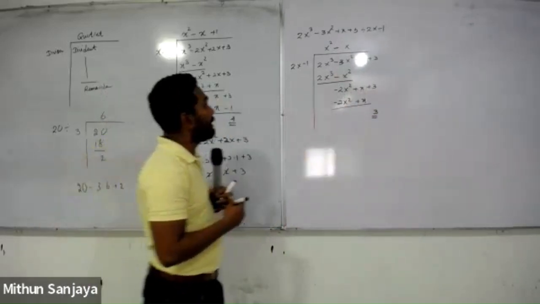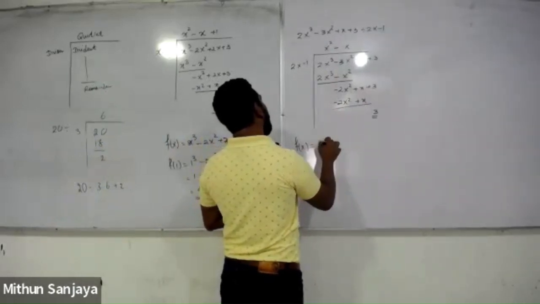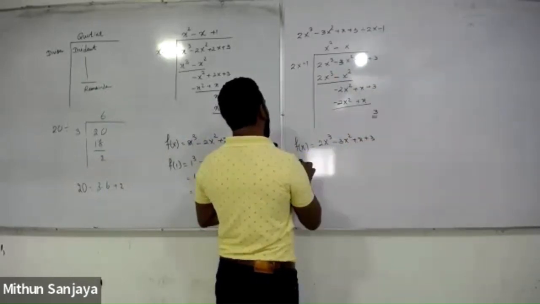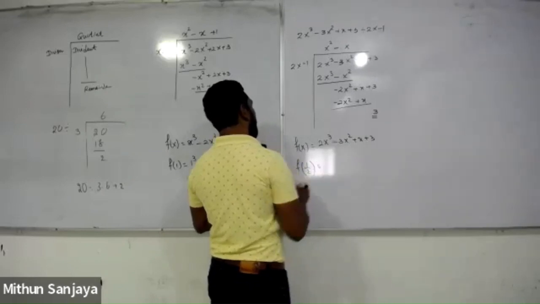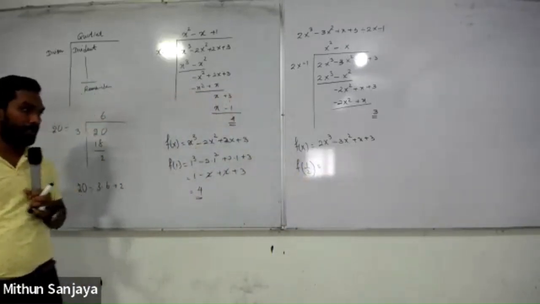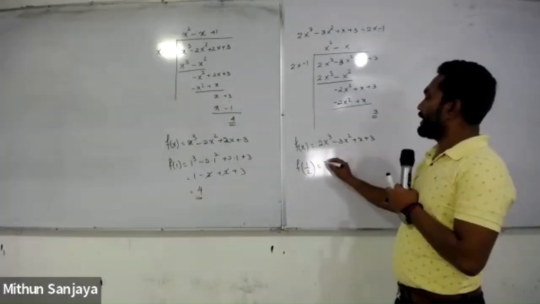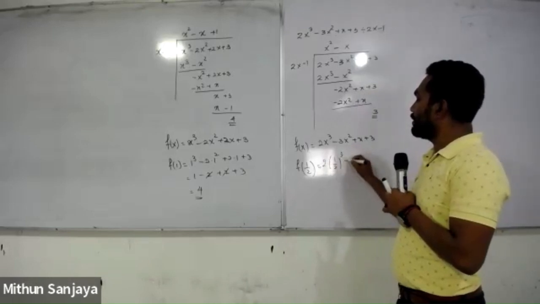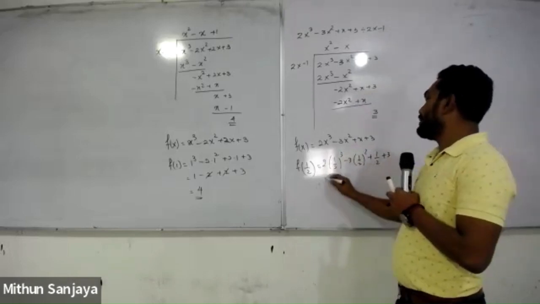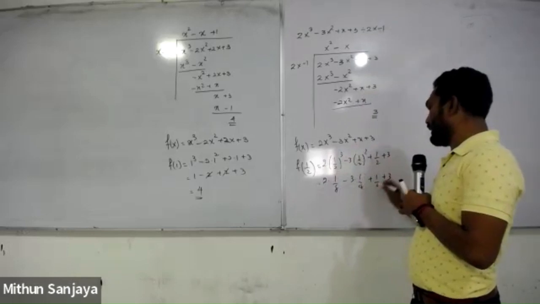Now we get the function f(x) equals 2x cubed minus 3x squared plus x plus 3, and now I evaluate f at half. Let's see what happens. We get 2 times half cubed, minus 3 times half squared, plus half, plus 3. That is 2 times 1 over 8, minus 3 times 1 over 4, plus half plus 3.